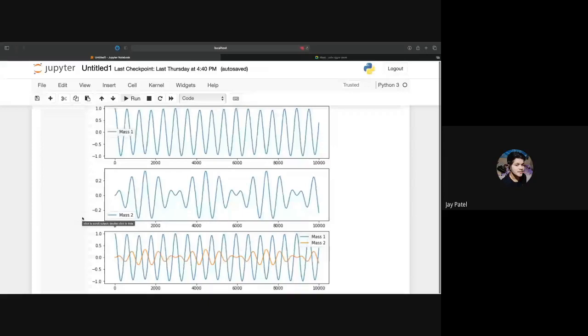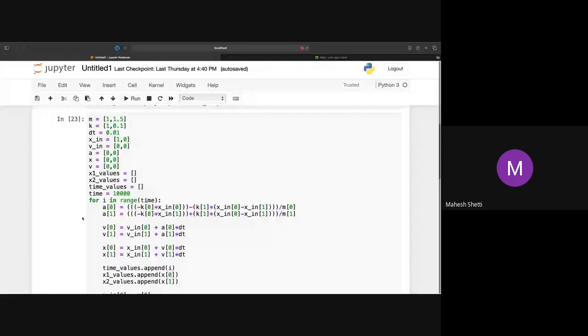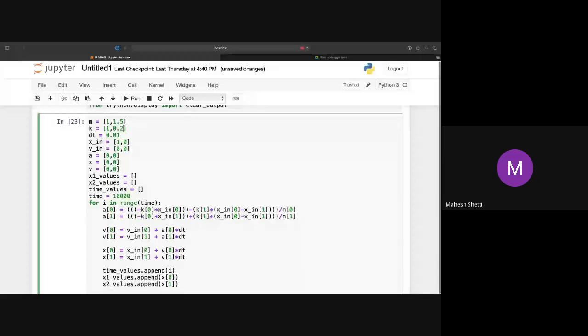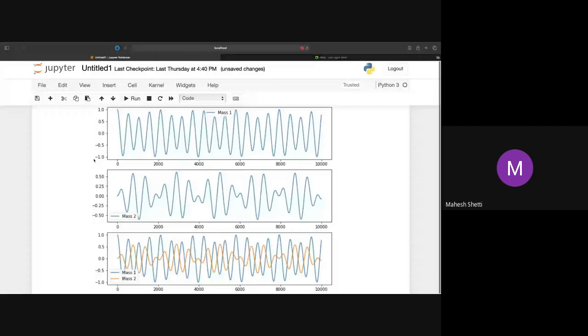So these things you can play with. When the two oscillators are not identical, the resonance transfer of energy will not take place. If they are identical, resonance transfer will take place. One completely loses energy, other completely gains energy, and the system goes back and forth.